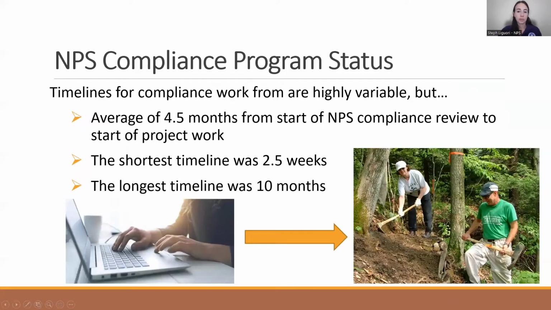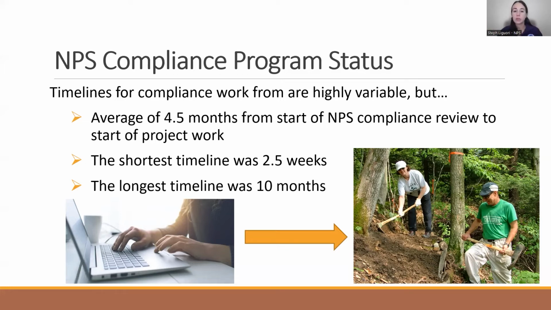So you may also be wondering what NEPA and other compliance timelines have looked like in the past 2 years. As expected, NPS compliance timelines are highly, highly variable, depending on the project compliance needs, the deadlines, the location, the resources present, many factors.